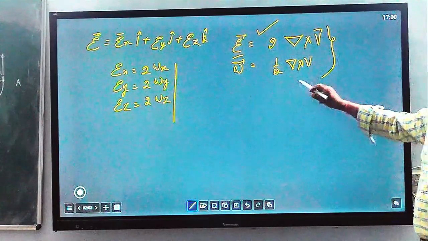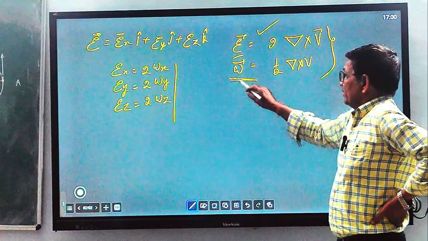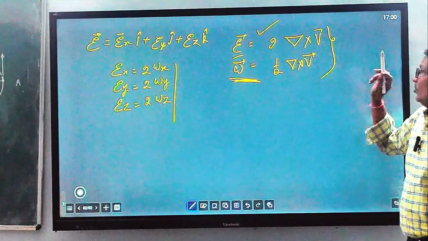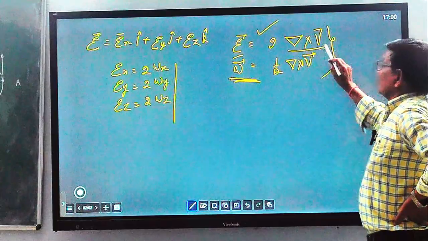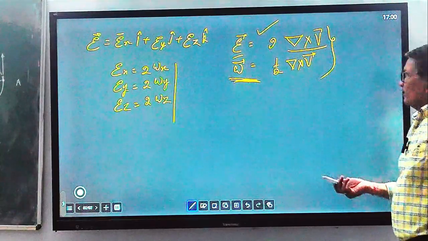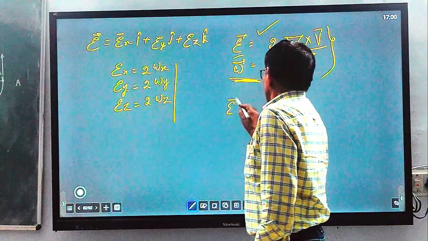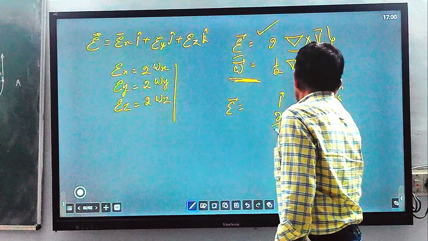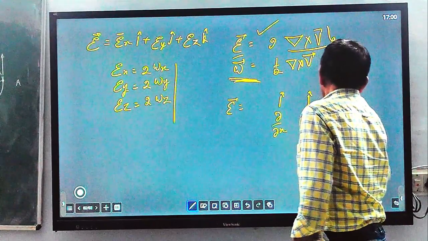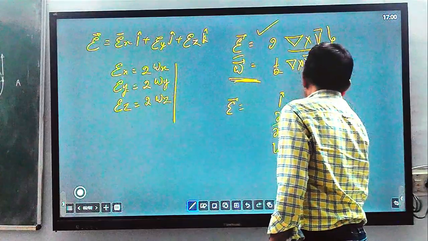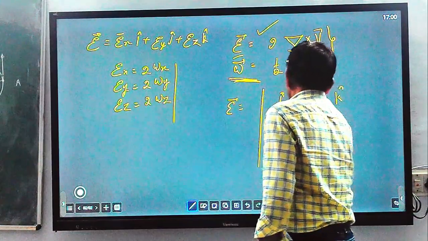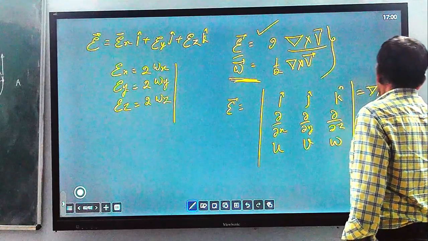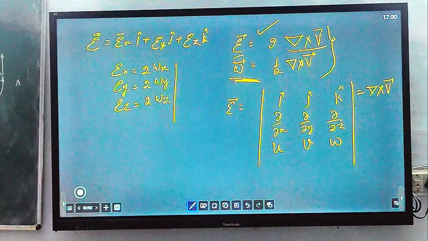That's why when we analyze rotation, it becomes half of curl V, while vorticity becomes curl V. You can find curl V the same way, with the determinant of i, j, k; del over del x, del over del y, del over del z; u, v, w. Find the value of this curl V, and you can find the vorticity.